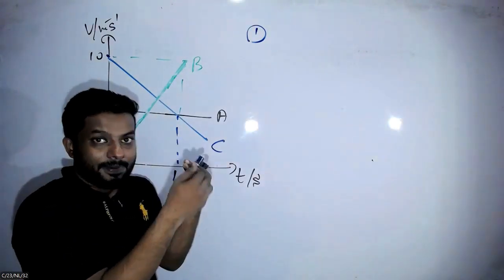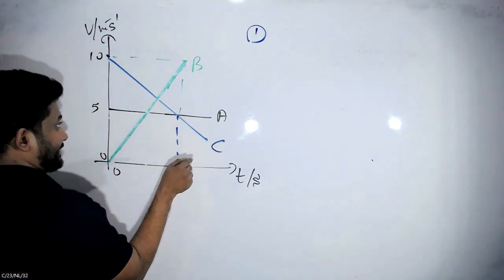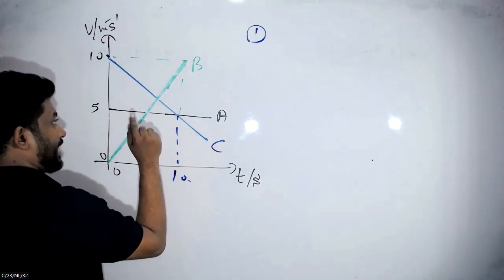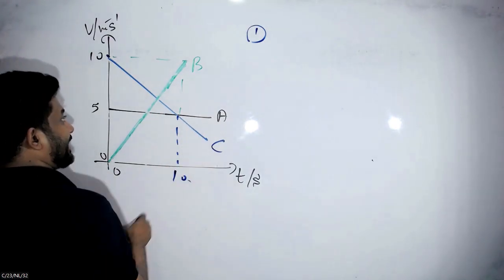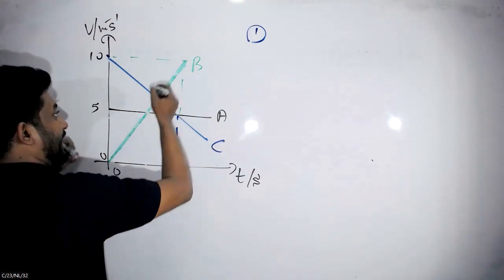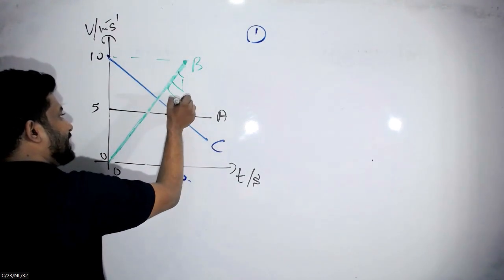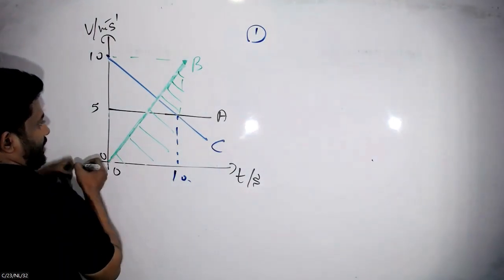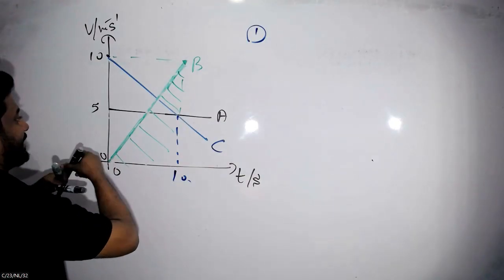That means B increases its velocity. Due to this, B can pass A at a certain time, but at that instant, B should obtain equal displacement as the displacement acquired by A.